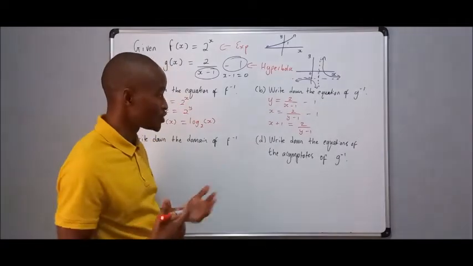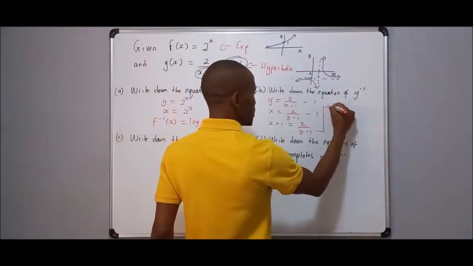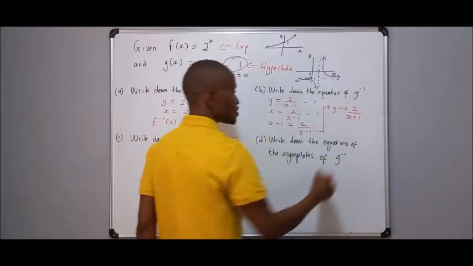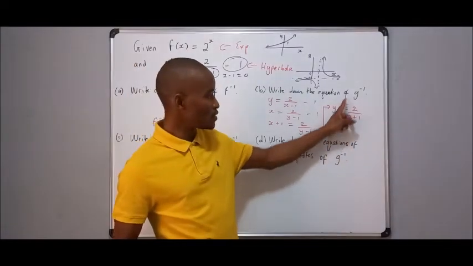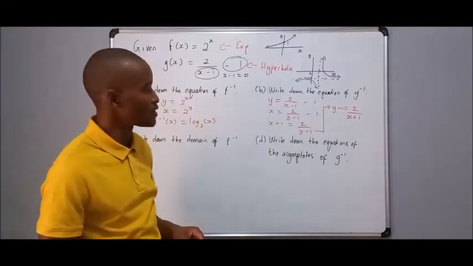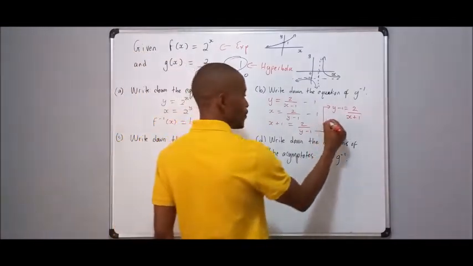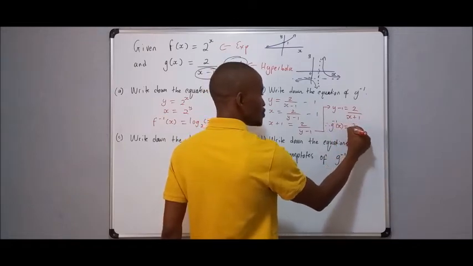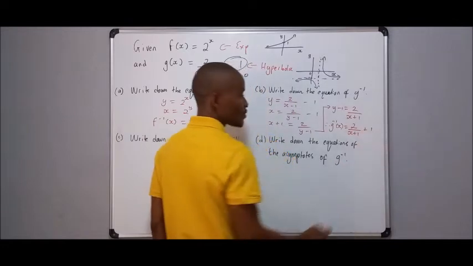It's up to you how you want to do it, but then you end up with y minus 1 equal to 2 over x plus 1, and therefore the inverse is obtained by transposing ultimately the minus 1. So therefore g inverse of x is equal to 2 over x plus 1 plus 1.